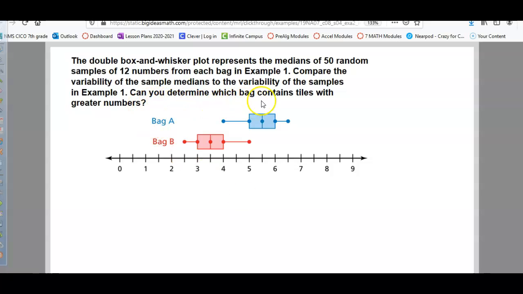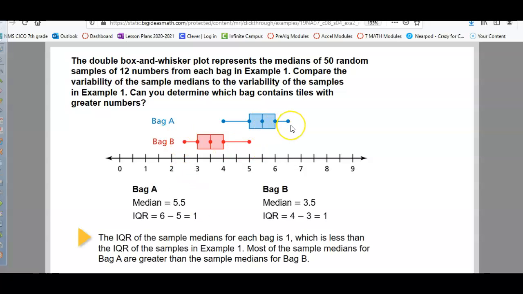Can we determine which bag contains tiles with greater numbers? 75% of the tiles we picked, and that would be 9, sorry, that would be 9 tiles are actually greater than any of the tiles picked in bag B.